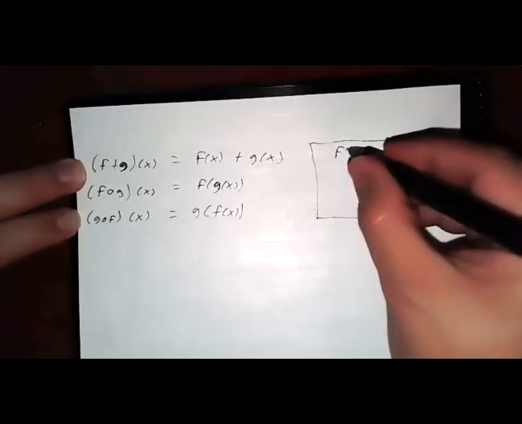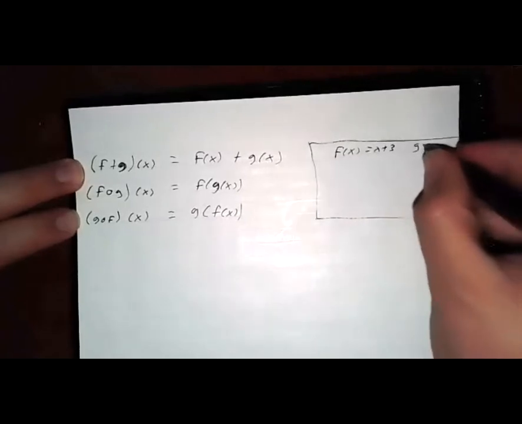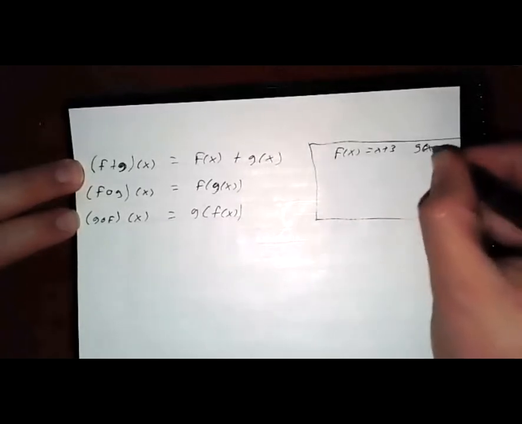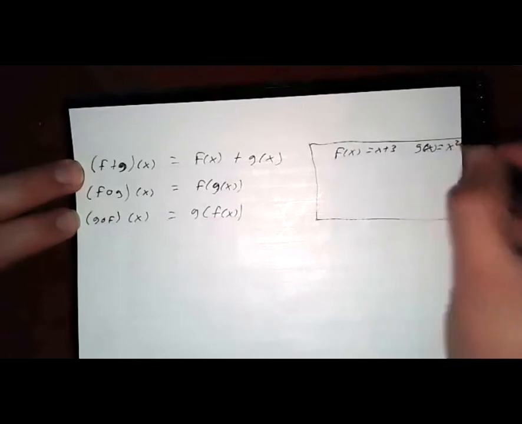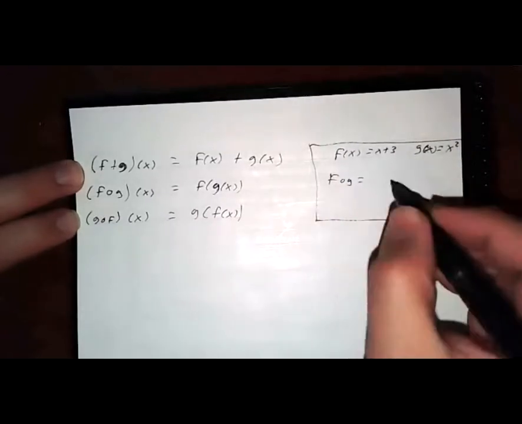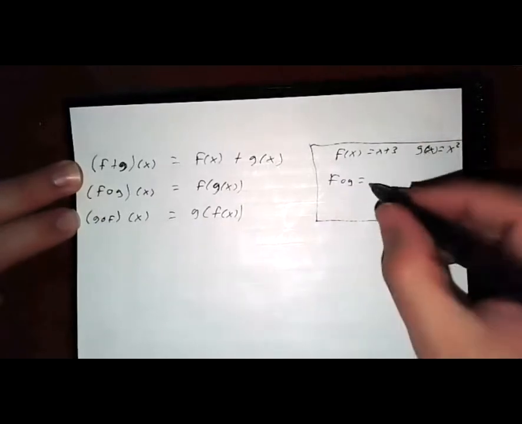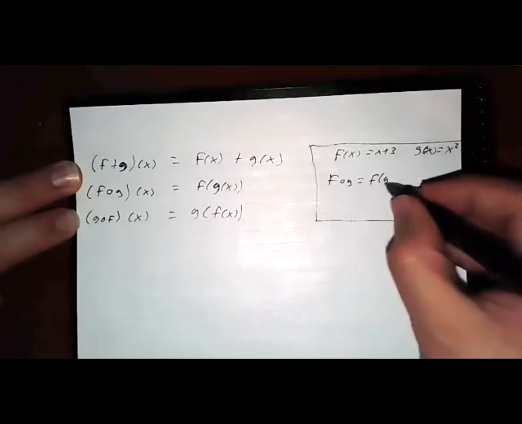So just a little side note here. If your f was, let's say, x plus 3, and your g was x squared, f of g would be you plugging in the g inside the f. So it would be like this.